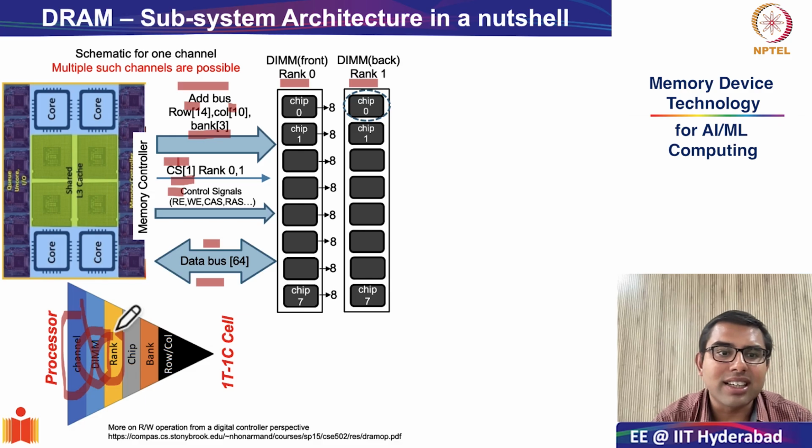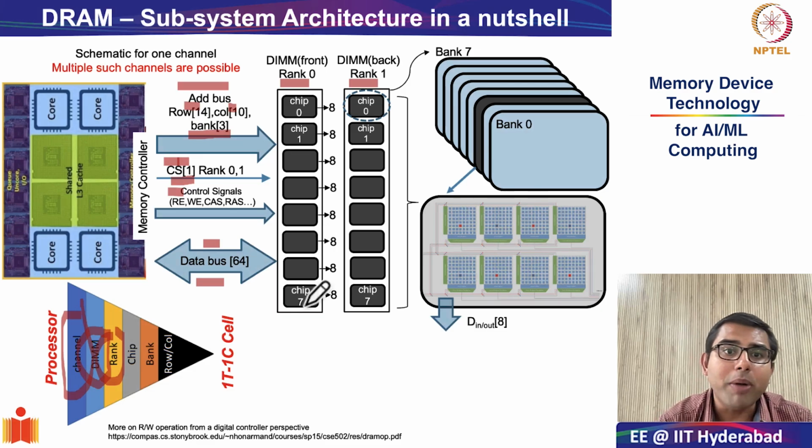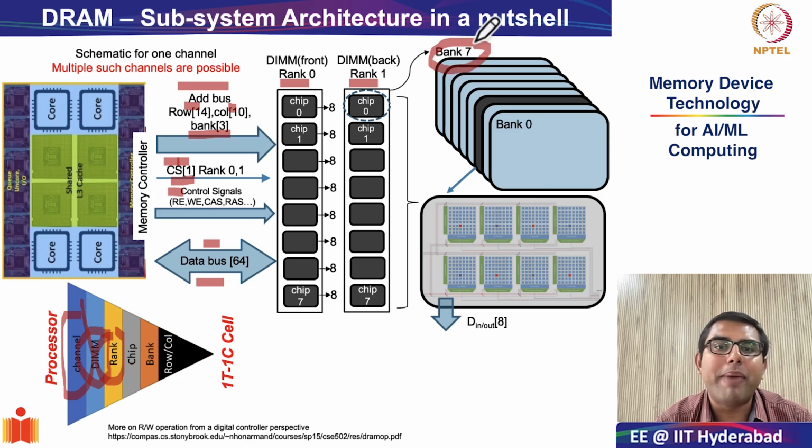Okay, next we go to the next hierarchy below rank. As we have just discussed, each rank consists of 8 chips, from chip 0, chip 1, all the way to chip 7. Remember, each chip in turn consisted of 8 banks, right?